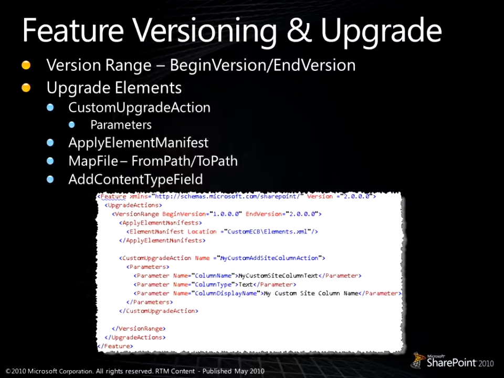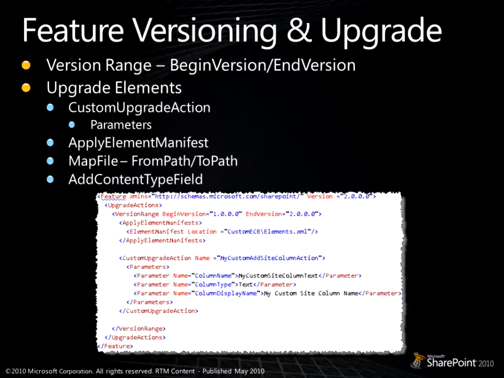We also have the map file functionality, which can be used to map a file URL to a separate file. This means that if an end user has, for example, customized an existing ASPX file, and you would like to update that particular file by replacing the content using an alternative ASPX file, you can map the file URLs using this particular element.